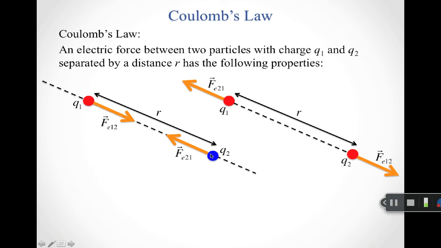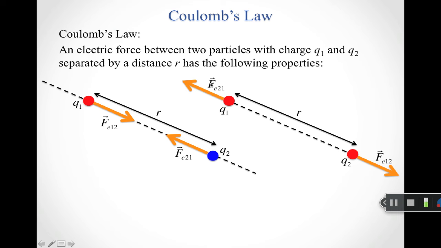And again, because these are oppositely charged, it's being pulled towards charge 1. Here, in the scenario on the right-hand side, the two charges have the same sign. So notice that those two forces point opposite. So again, charge 1 here is being repelled by charge 2 because it has the same charge, and charge 2 is being repelled by charge 1.